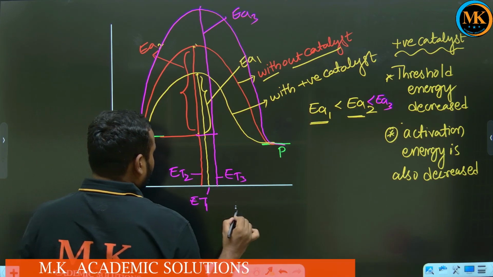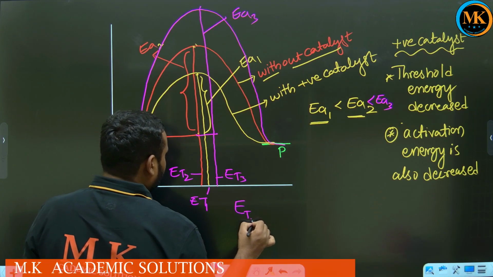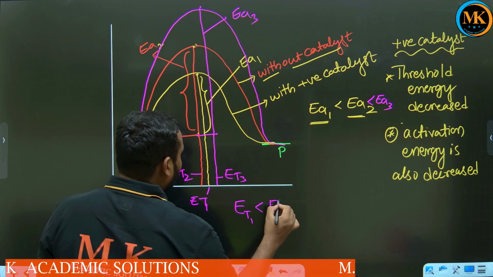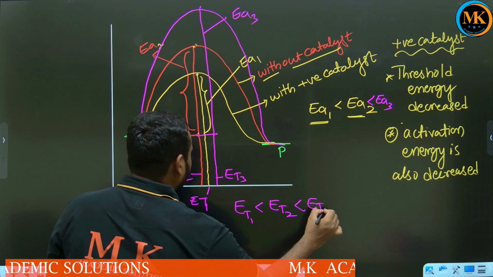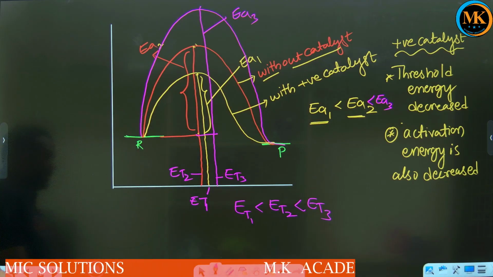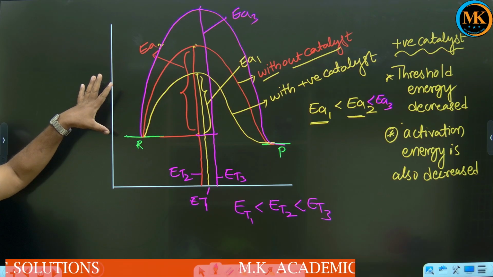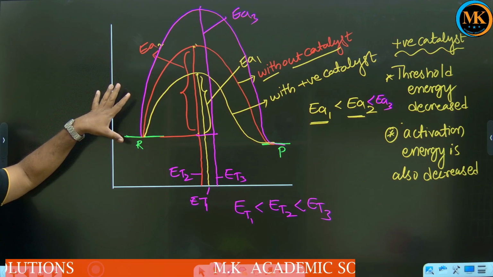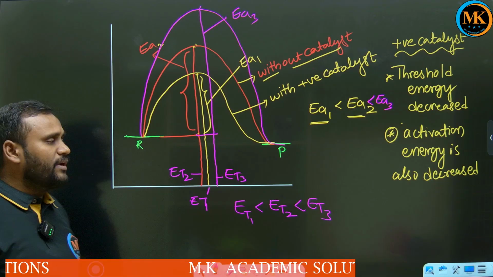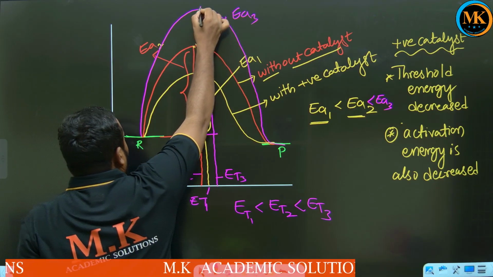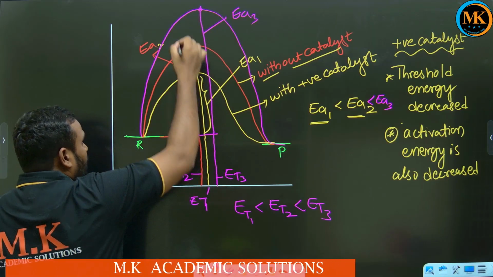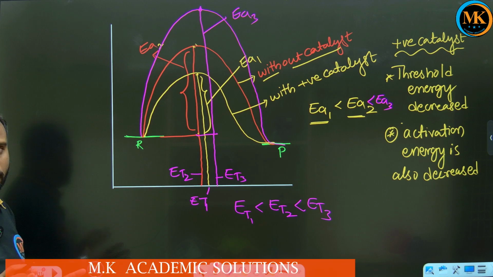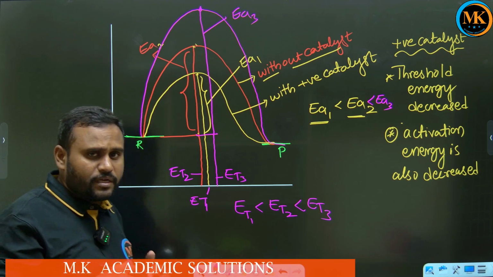So here also ET1 is less than ET2, which is less than ET3. If you observe carefully, in the presence of negative catalyst, the activation energy increases and the threshold energy also increases. That's why the rate of reaction decreases.